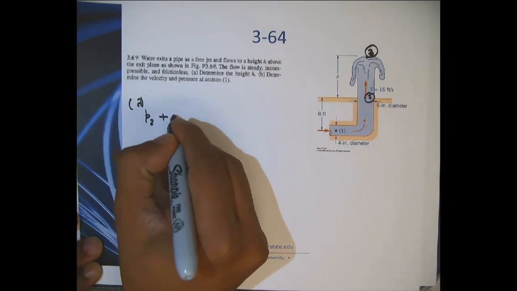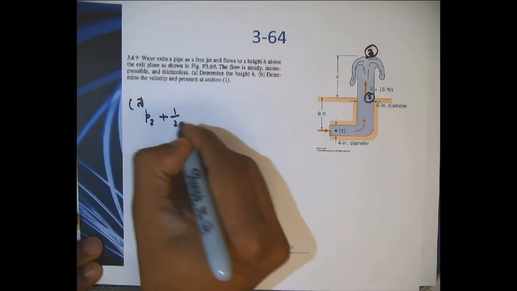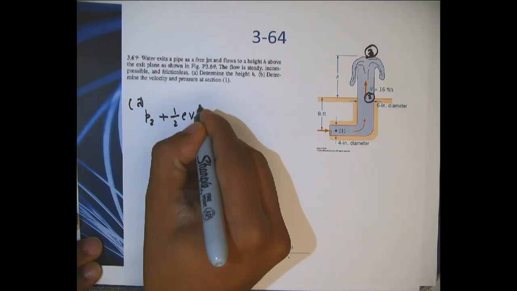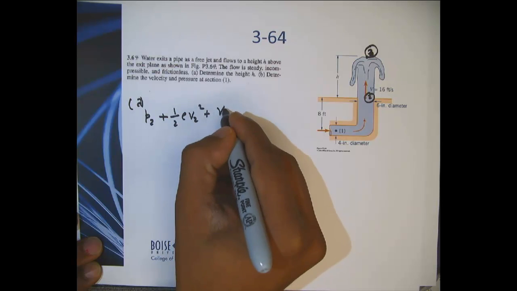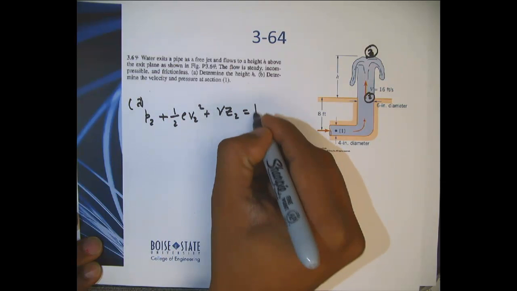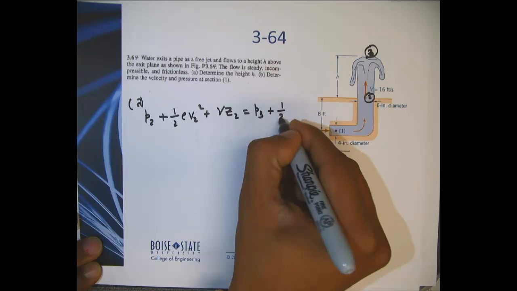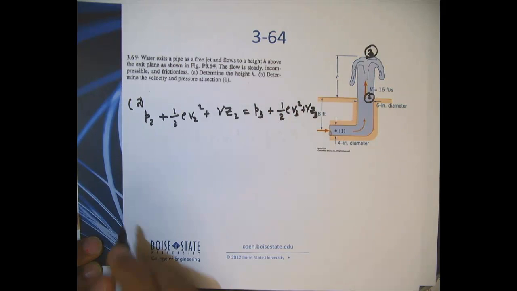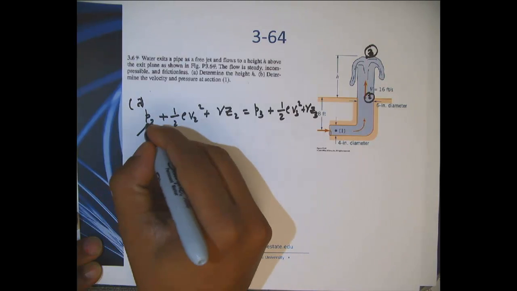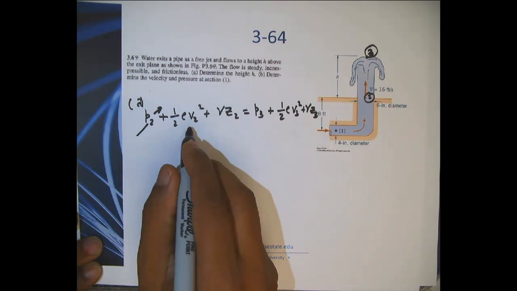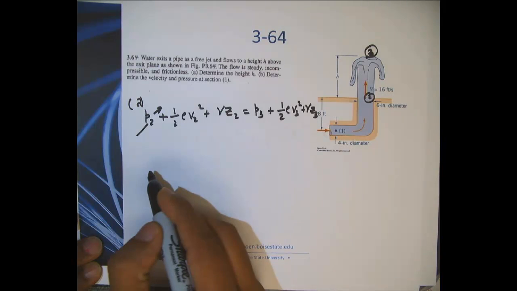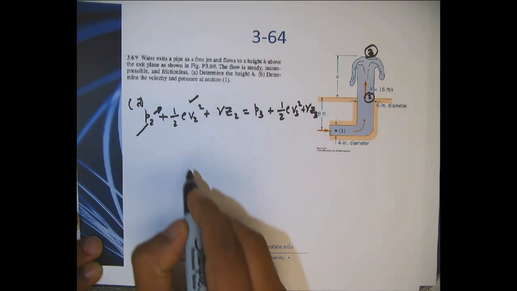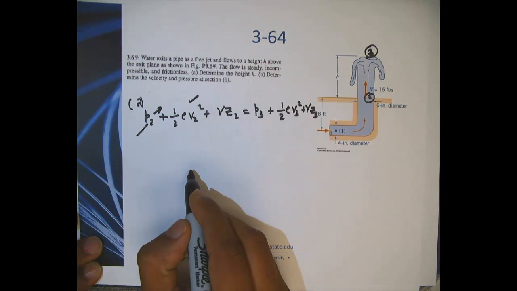So the Bernoulli equation along 2 and 3 is P2 plus half rho V2 square plus gamma Z2 equals P3 plus half rho V3 square plus gamma Z3. P2 is 0 gauge. I know V2, which is V, which is 16 feet per second. I know Z2.